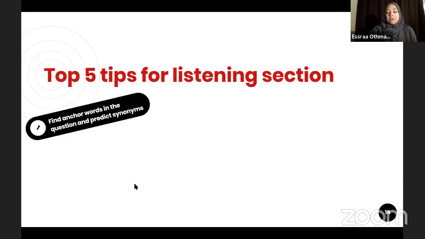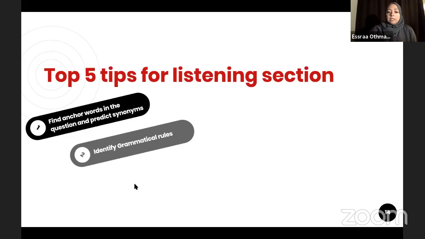So for example, if I say the word candidate in the question paper, then you would be probably looking for something related to candidate in meaning, like a test taker or maybe a student. So you are going to look for a synonym for the word candidate in the listening.